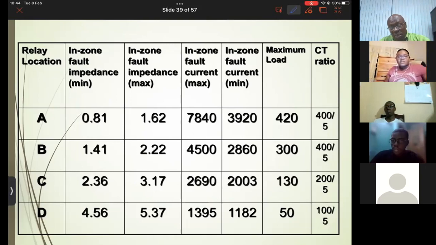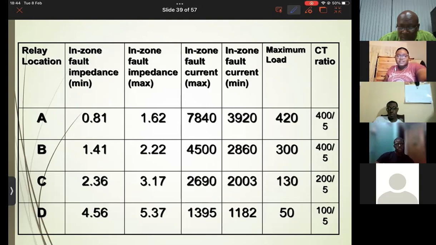Based on this table, which current would I want A to be able to respond to? Will that be the 420, sir? No, man, that is a load current. Sir, the 1,182. No. Sir, it would be half of the 3,920.